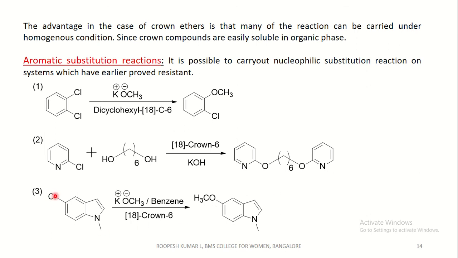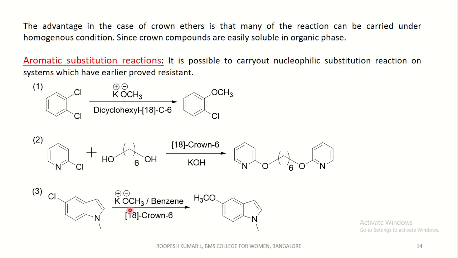You can see a chloro-substituted indole reacts with potassium methoxide in benzene as solvent in the presence of 18-crown-6. That is, 18-crown-6 transfers this methoxy group from the aqueous to the benzene layer. In the benzene layer it attacks this carbon and chloride is eliminated, and you can see chloride is substituted using methoxy.